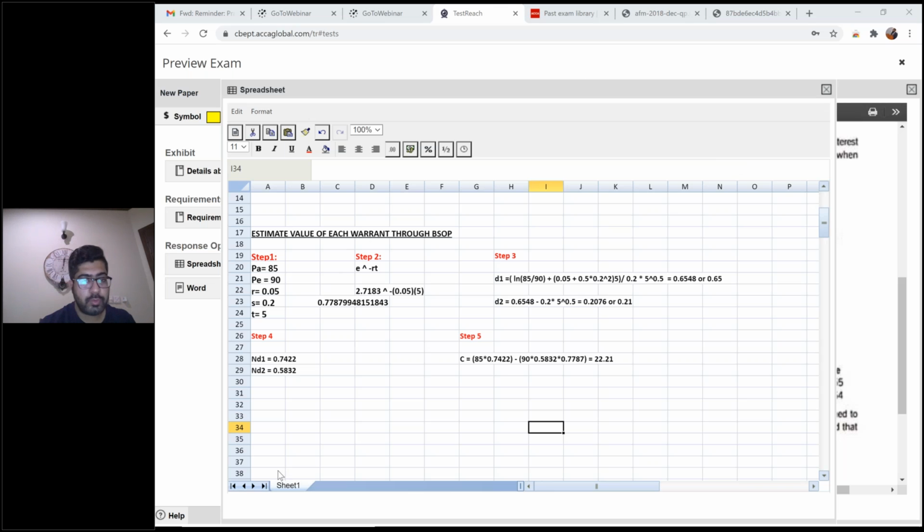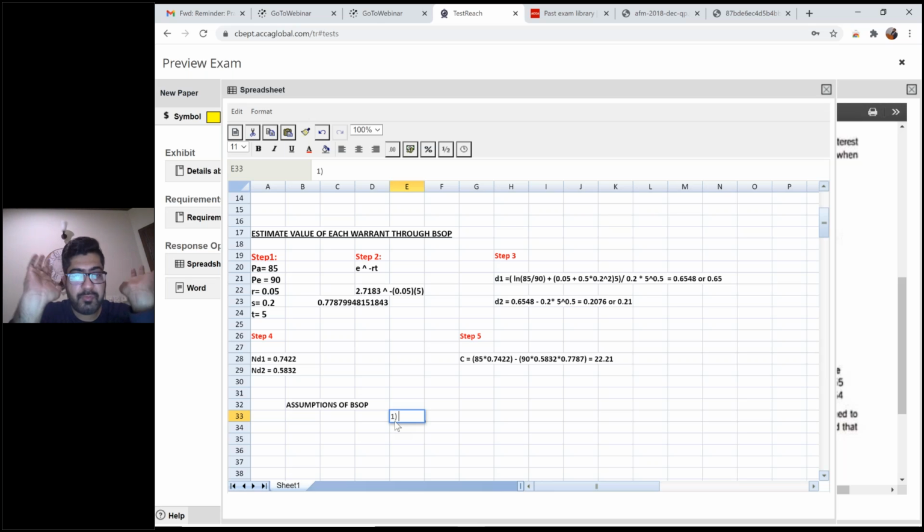Now, the theory notes which I have shared with you also cover this, and I need to explain it because it's a requirement of this question as well. This BSOP model carries some assumptions. You need to know about those assumptions. That's written in the theoretical document, but still.